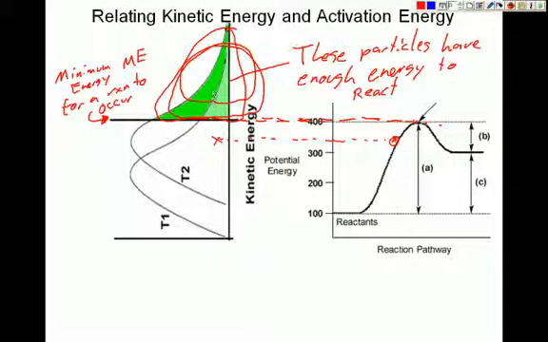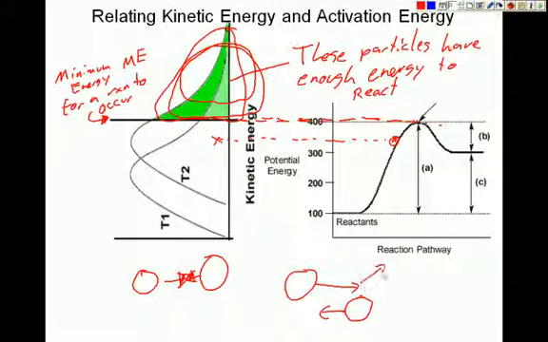They also have to hit each other the correct way. A particle has to hit another particle in a very specific way. If a particle hits another particle by just grazing it, so it hits and then bounces off this way, without a maximum amount of force, a reaction probably won't happen.